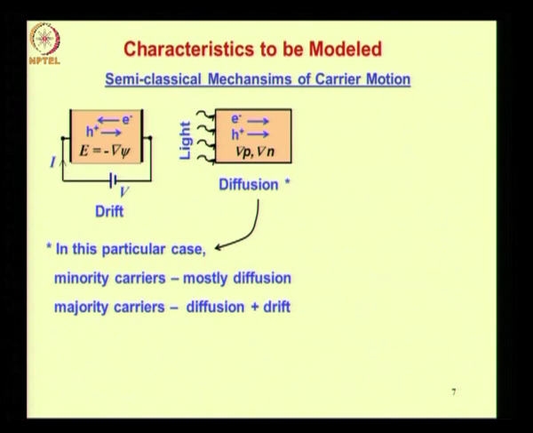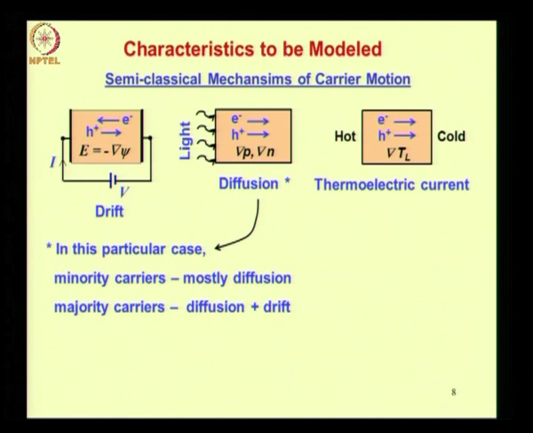Let us look at the third mechanism of transport, namely the thermoelectric current. Here the left end of the sample has been made hot, the temperature has been increased as compared to the right end which is cold. So the current is set up because of a temperature gradient. That is why the gradient of TL is shown there. L stands for lattice or semiconductor atoms.